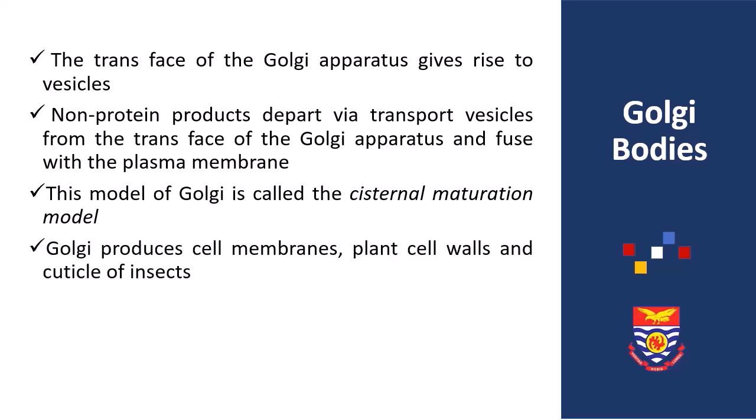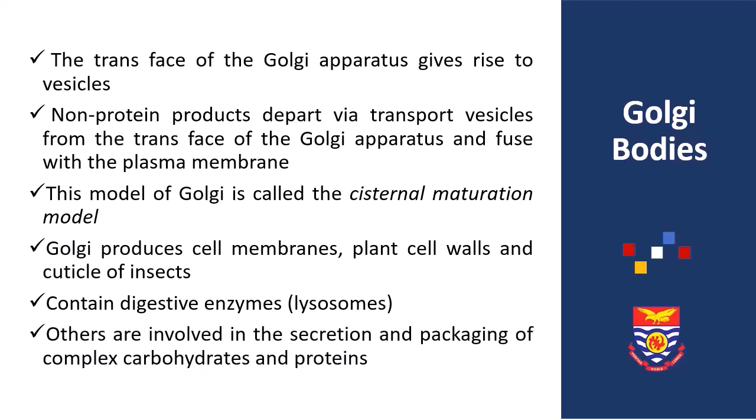The Golgi is also known to be involved in the production of cell membranes, cell walls, and the cuticles of insects. Some also contain digestive enzymes, an example being the lysosomes. Others are involved in the secretion and packaging of complex carbohydrates and proteins.